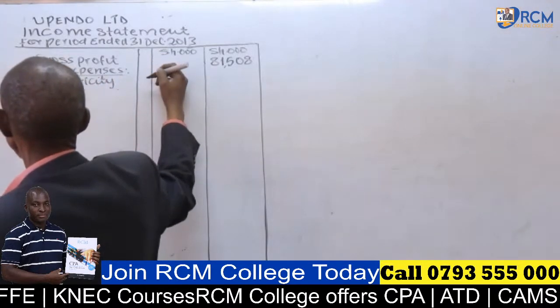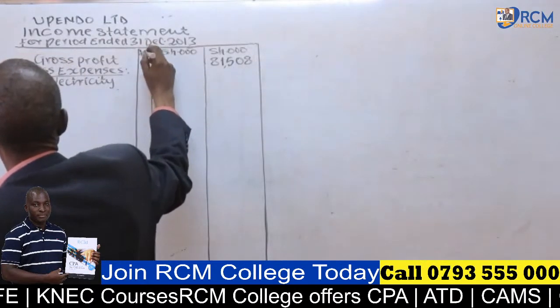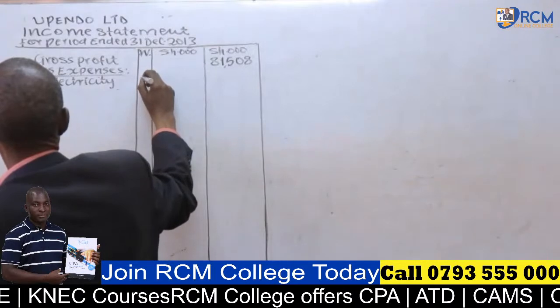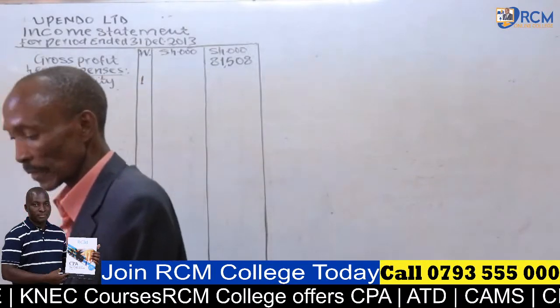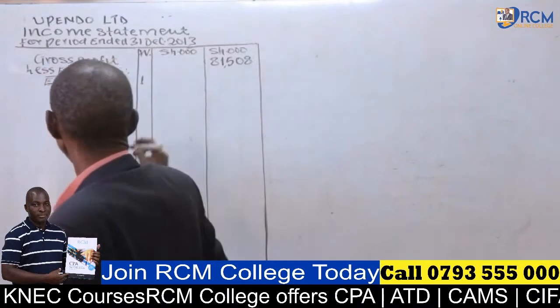So what happens is we have various workings. We have working number 1 for electricity. Electricity gave us 1764.